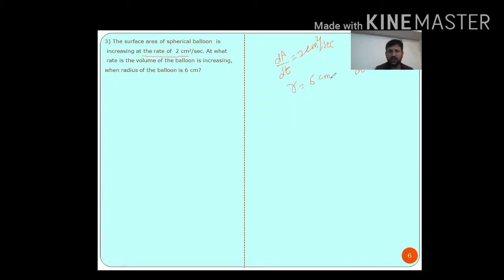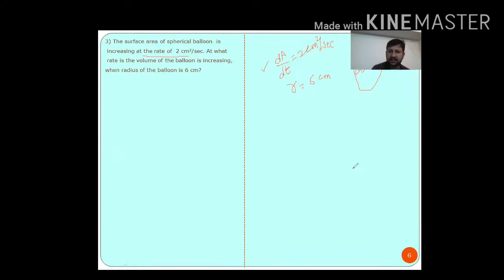Check your given relation in terms of the area of the spherical balloon; the target is to find the rate of change of volume with respect to time t. So in this problem you have to use two formulas: one related to area and the second related to volume of a spherical balloon.